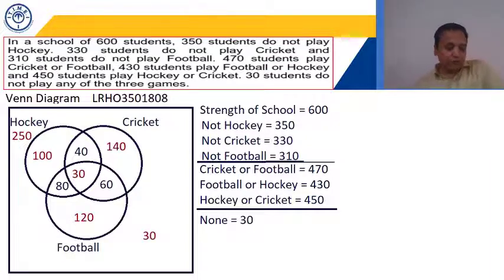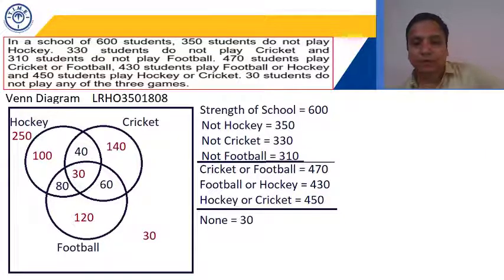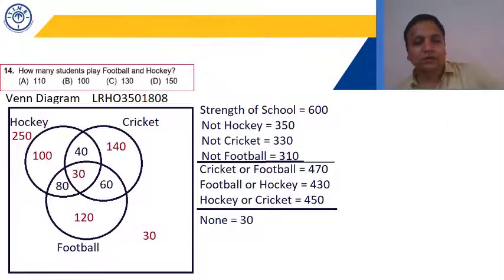Now let's move to questions. It's a good set in which we are using all the properties which we learned in the previous class, such as not A union B. First question: how many students play football and hockey?